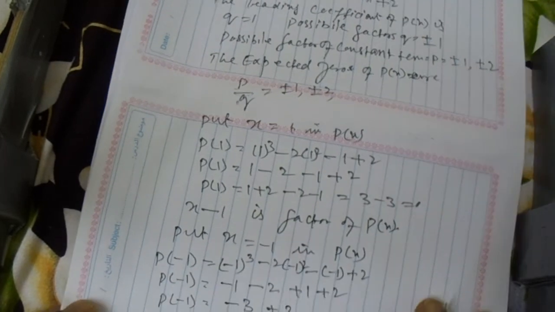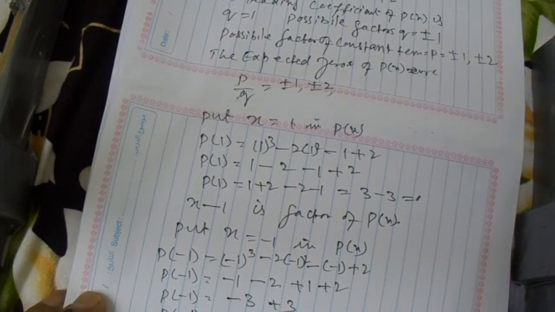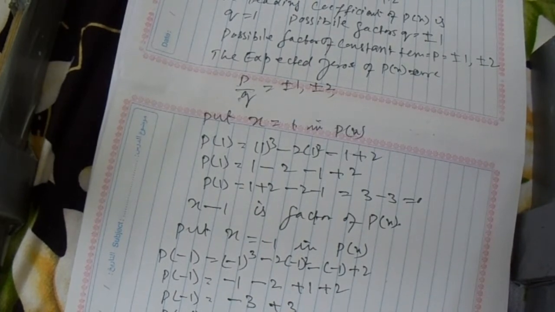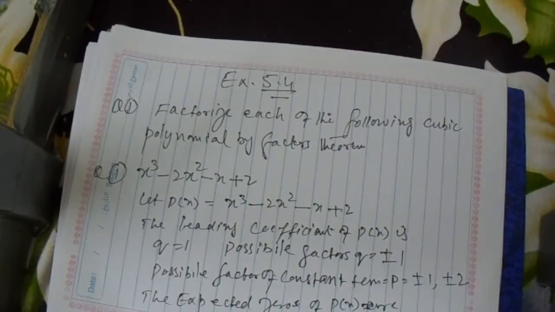It means the remainder is 0, r = 0, so x + 1 is a factor of p(x).